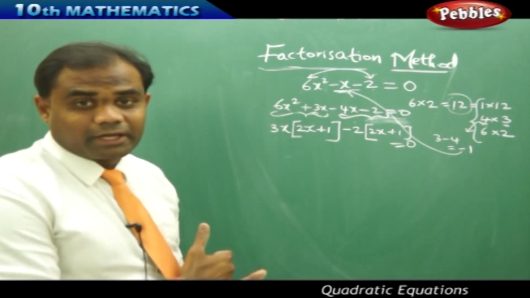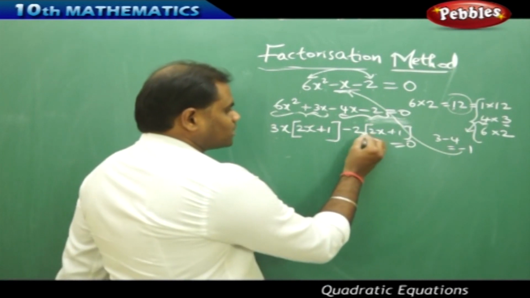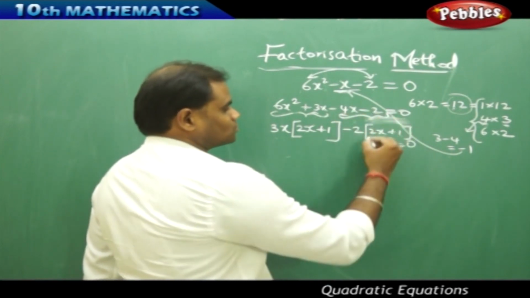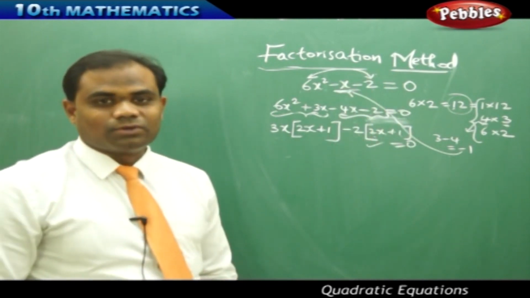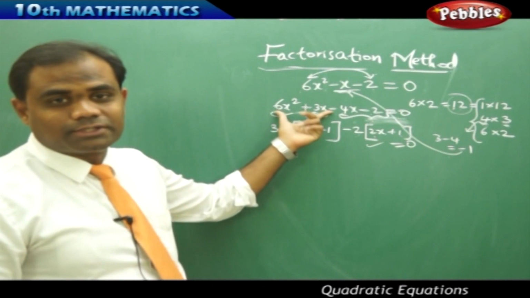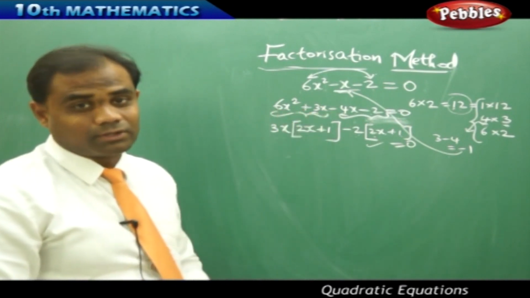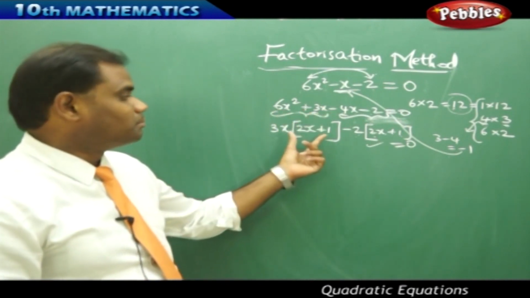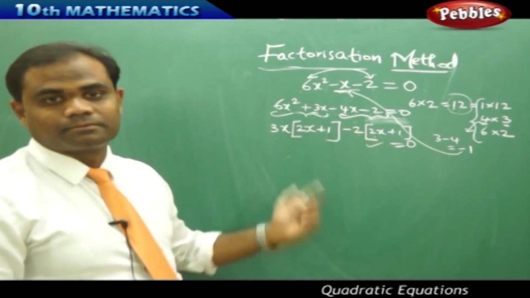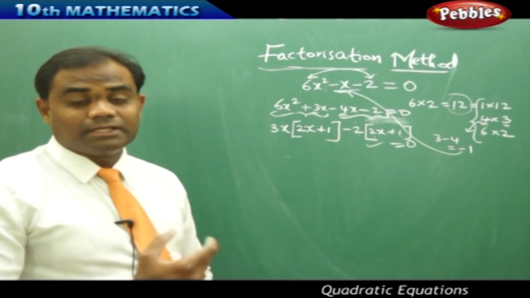It is about verification. Similarly, -2 times 2x is -4x, right? -2 times 1 is -2, so I'm right. So rechecking through the expansion for getting the original terms is very important here, because many students make mistakes in taking something common out here and here. So verification is a must.